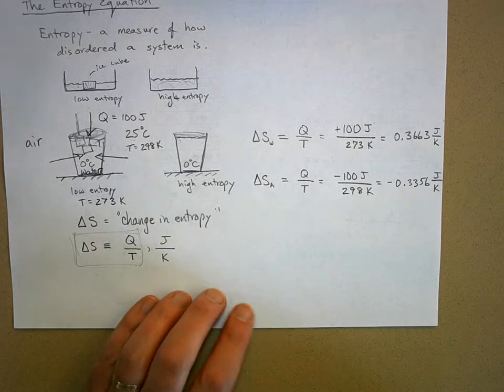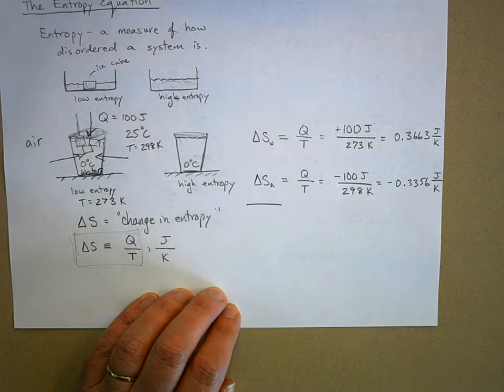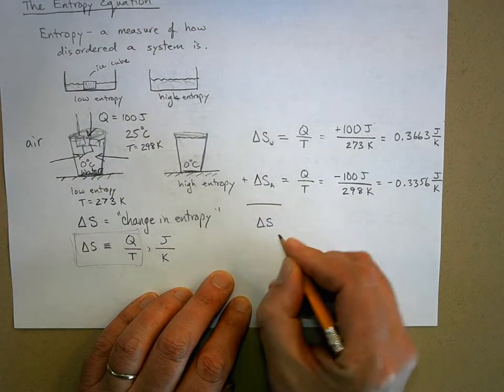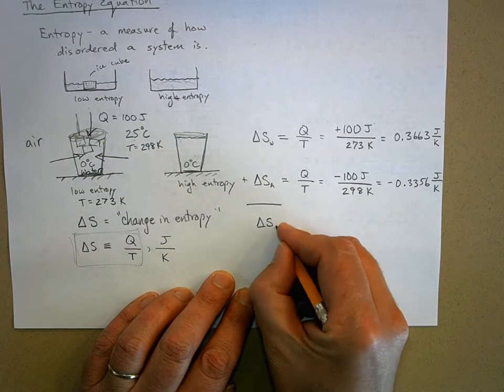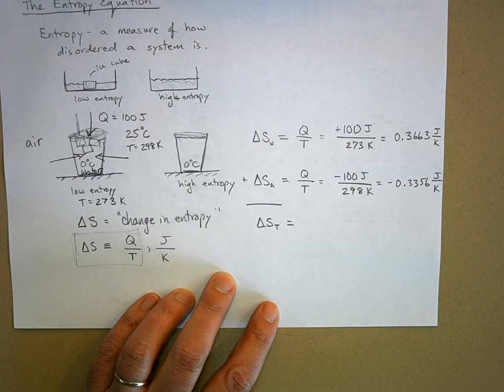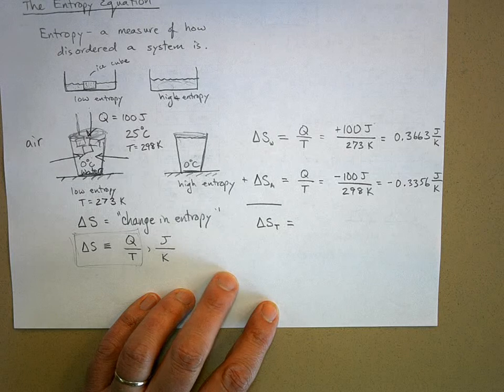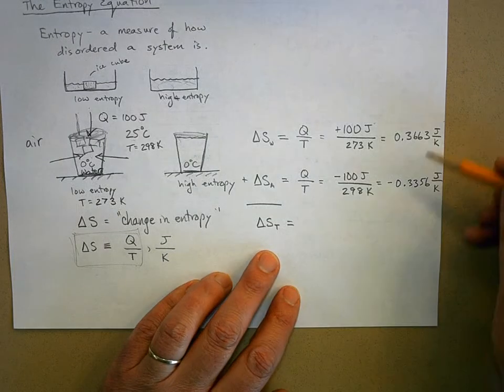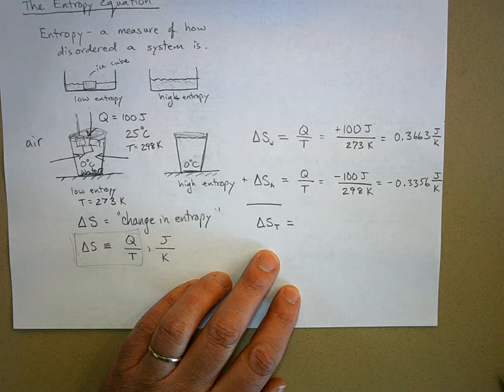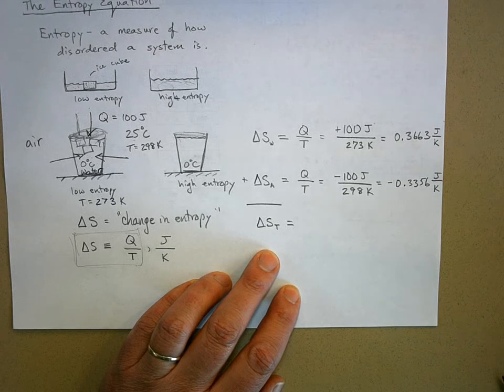If I add these two changes in entropy together, this is the total, I'll call it delta S sub T, for the total change in entropy due to this change in the universe. Well, what is 0.3663 minus 0.3356?